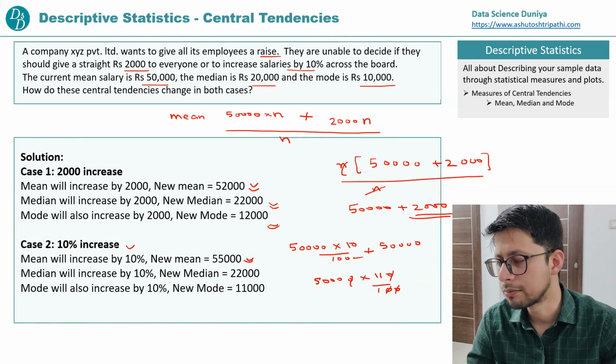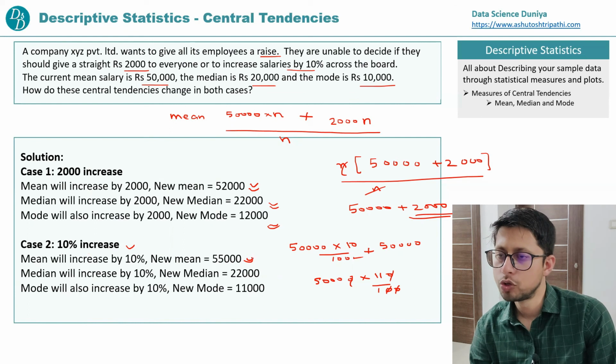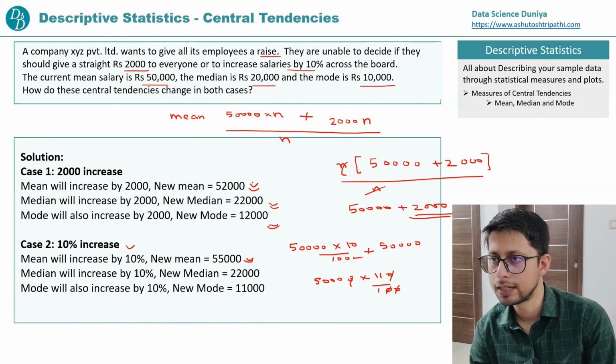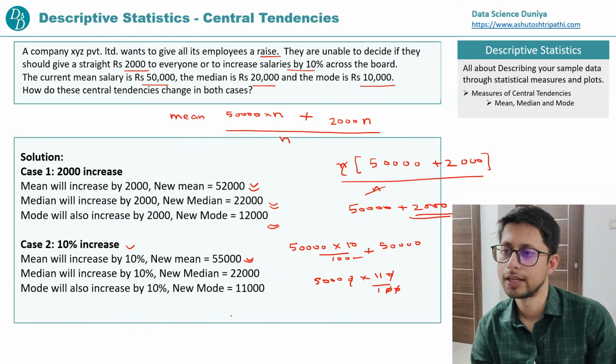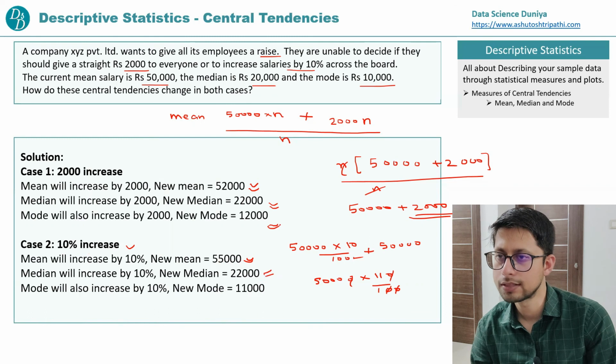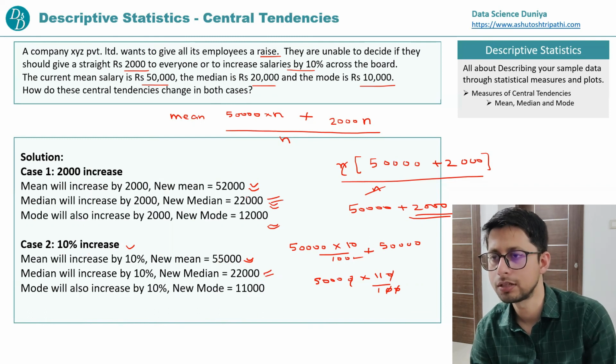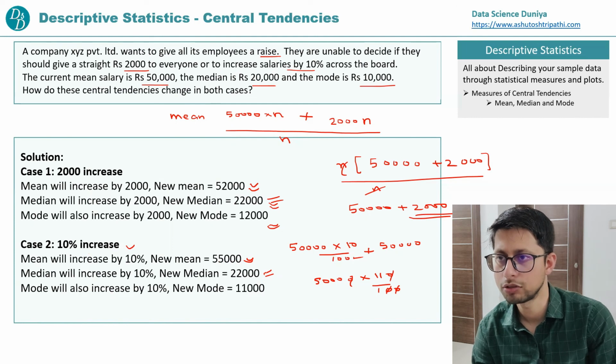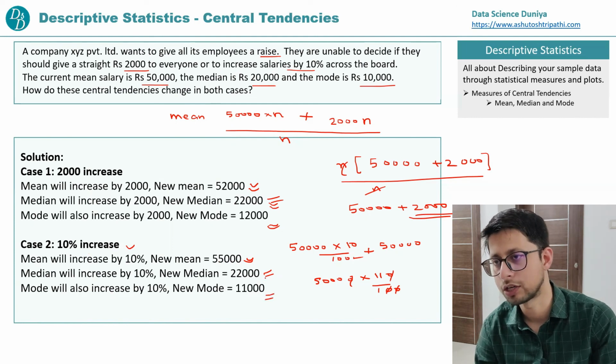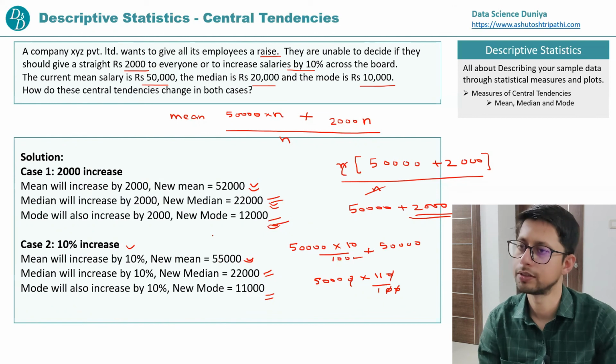With a 10% increase, the new mean will be 55,000, the new median will be 22,000, and the new mode will be 11,000. So see, there is a bigger increment in mean salary. The mean salary will increase by 5,000 in this case, and by only 2,000 here. The median will remain the same in both cases, 22,000, whether they increment by 2,000 or 10%, but the mode is 11,000 here and 12,000 in the other case, right?